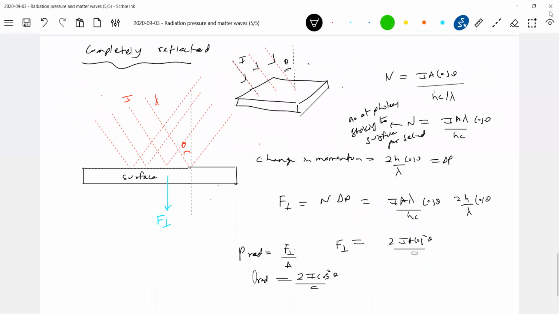So when a beam of light is incident at an angle theta on a surface, and if it is completely reflected, no shearing stress will be there on the surface, or no tangential force will act on the surface.